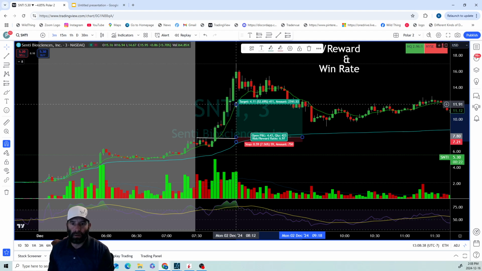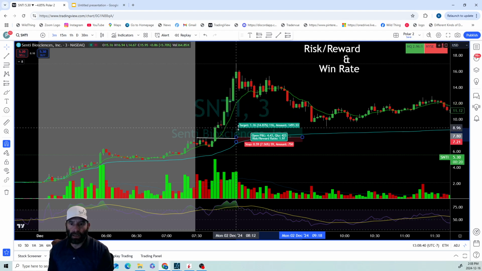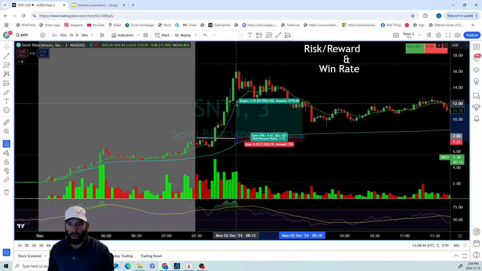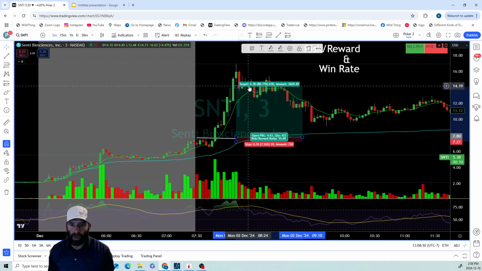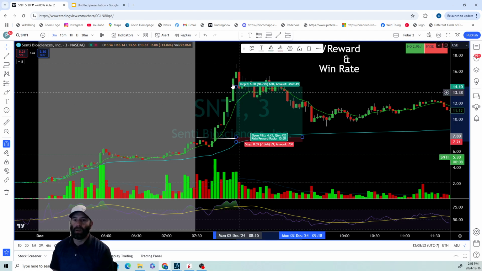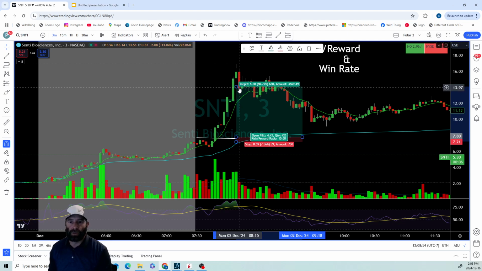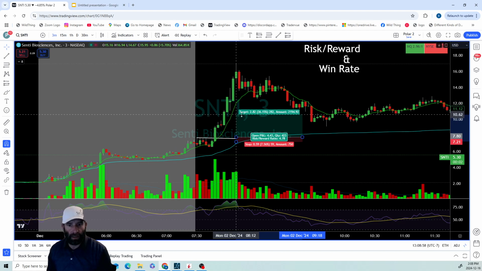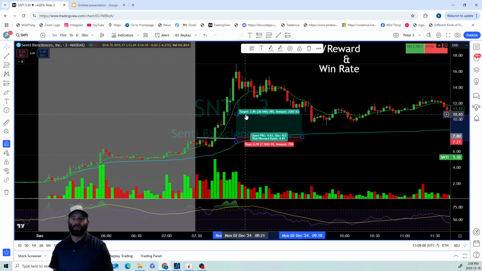So we made 2 R's on half of the position. We made 7 R's on a quarter of the position, and we made about 10 R's on the last quarter of the position. So all in all, this trade could have easily turned out to be a 4 or 5 R trade.